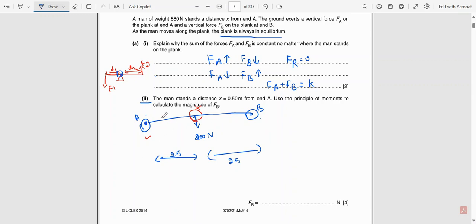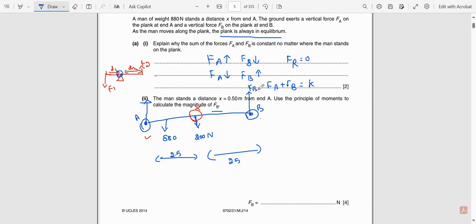So I'm going to apply the principle of moments at A, and look at this. Here one man stands. Then how can we apply the principle of moments to get that FB? Look at this. FB is in the upward direction and FA is also in the upward direction.